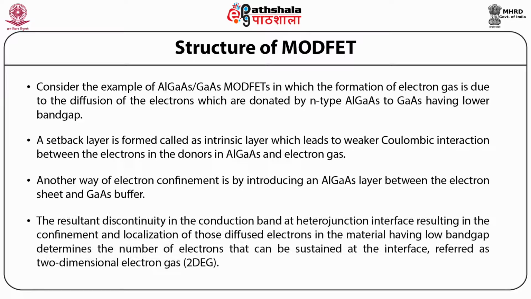The resultant discontinuity in the conduction band at the heterojunction interface results in the confinement and localization of those diffused electrons in the low band gap material, and determines the number of electrons that can be sustained at the interface, which is referred to as the two-dimensional electron gas, 2DEG, as clearly explained in this figure.